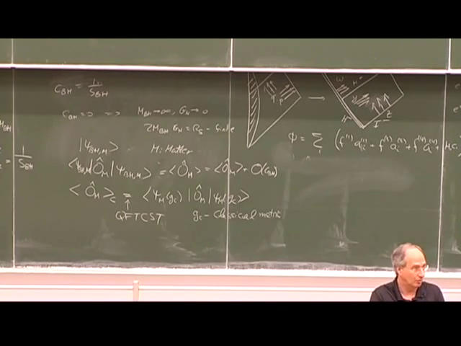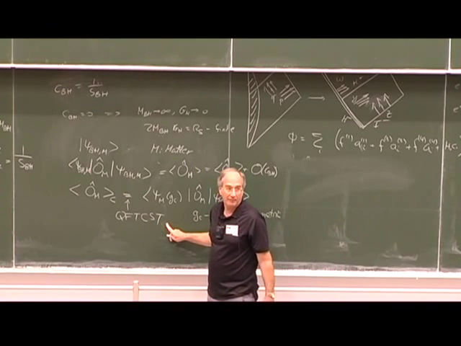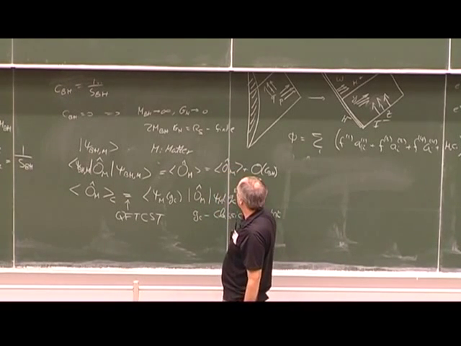When you do some quantum calculations, the first corrections come at order ħ. But from the point of view of quantum fields in curved space-time, this is a huge correction.